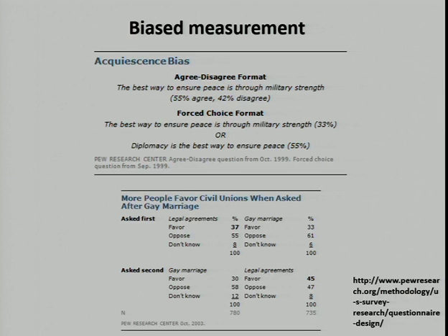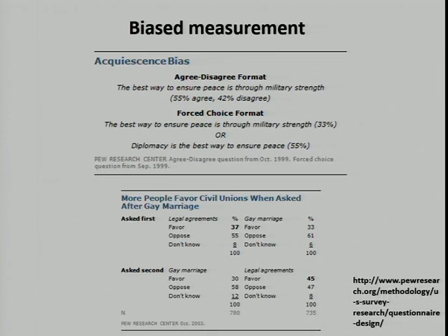Last example of that sort for today, order effects. So the thing to focus on here are these two numbers, right? So this is a question about favoring civil unions or gay marriage.